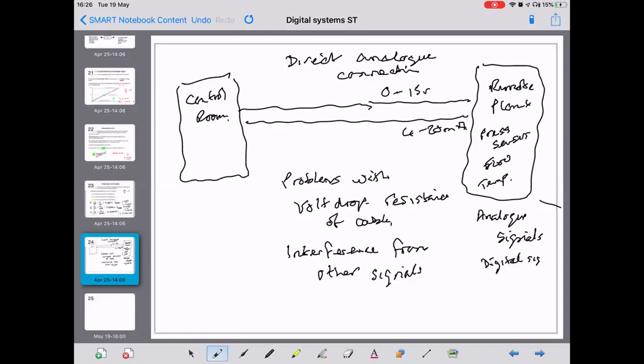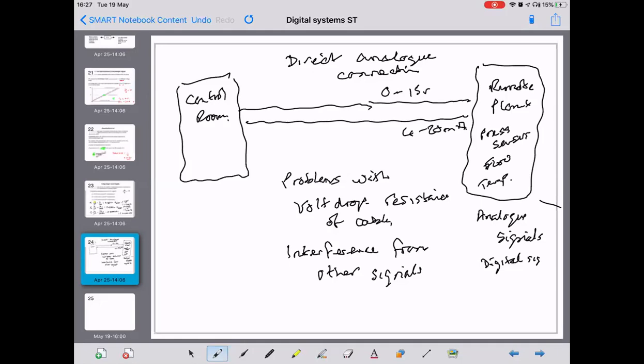If we had our analog sensors giving 0 to 15 volts or 4 to 20 milliamps, and we try to connect them directly using normal electrical wiring techniques over distance, and I choose the example of 300 or 400 meters, where these cables run together with other, particularly mains systems, we can get interference and we'll have problems with volt drop over distance.